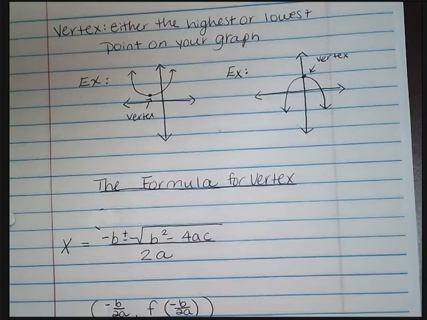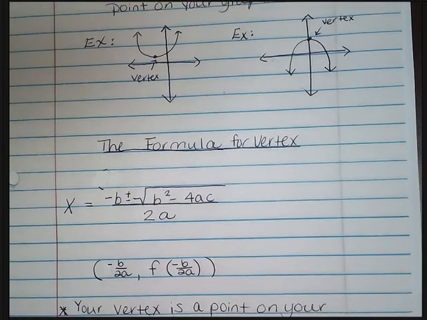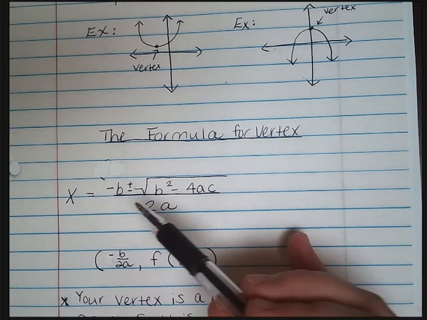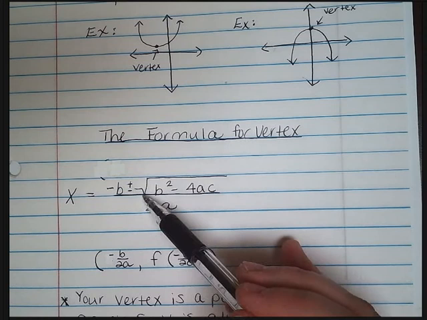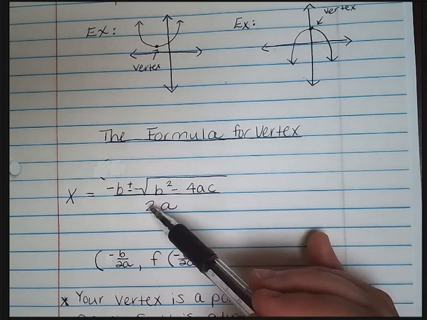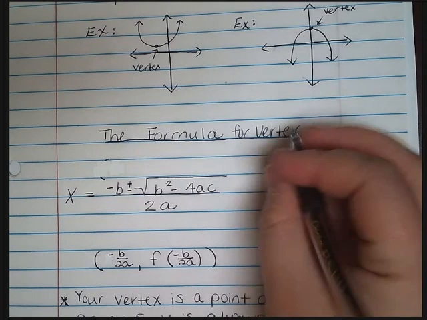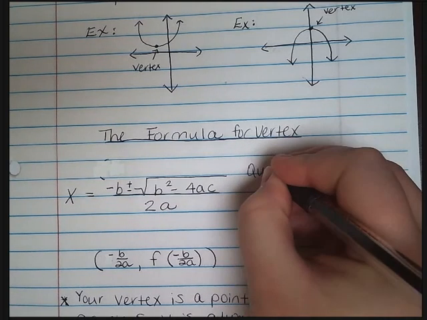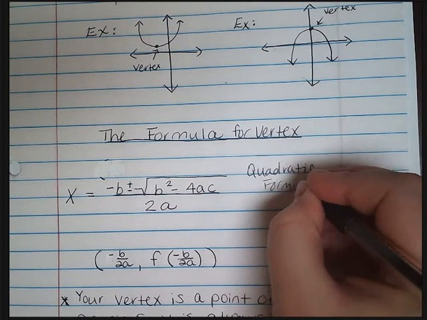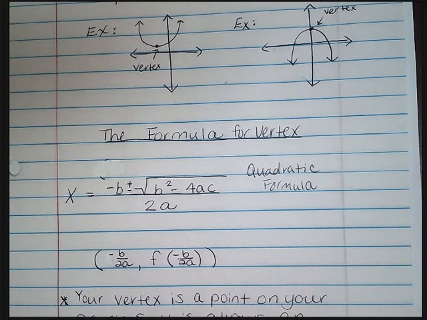So the formula for your vertex, we know the formula x equals negative b plus or minus square root b squared minus 4ac all over 2a. That is known as our quadratic formula. Okay, so we learned in our quadratic formula that there was another formula that was hidden in there.